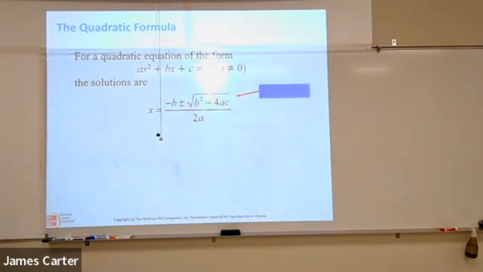Okay, that's called the quadratic formula. It's probably one of the 3 or 4 most famous formulas in all of mathematics. Pythagorean theorem being one of them.